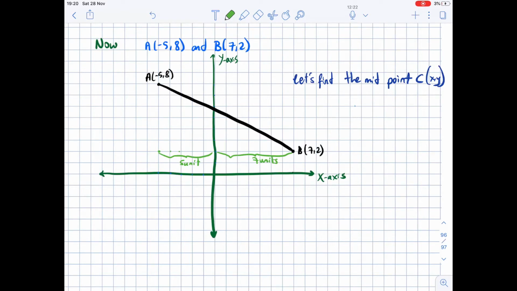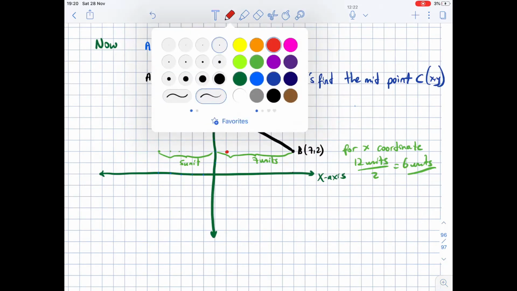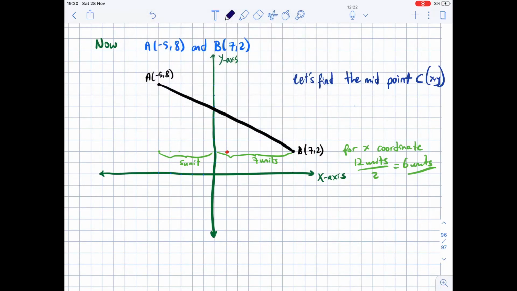So for the x coordinate I have 12 units. 12 units divided by 2 is 6 units. So to find the x coordinate of the midpoint, we are going to put the red point 6 units away from point B. Basically we are finding the x coordinate of the midpoint.